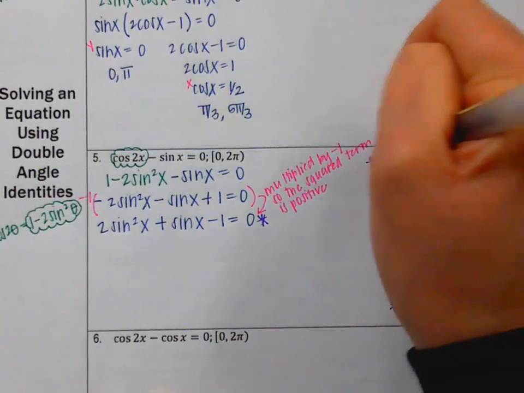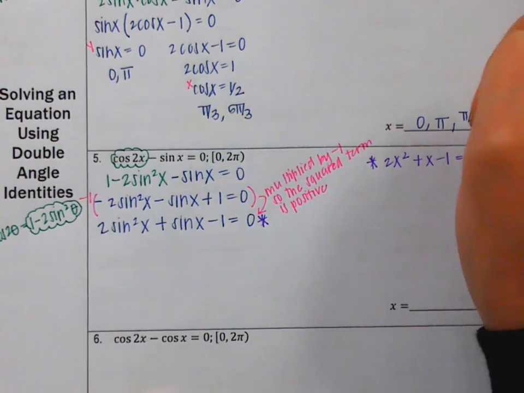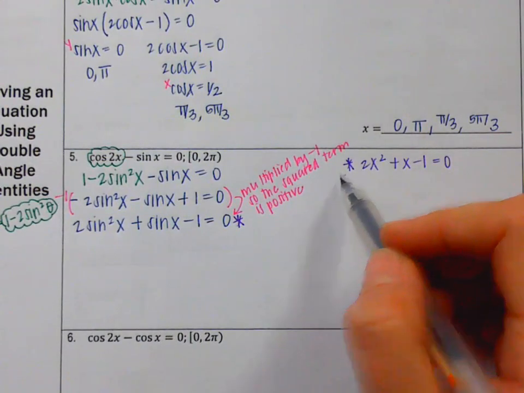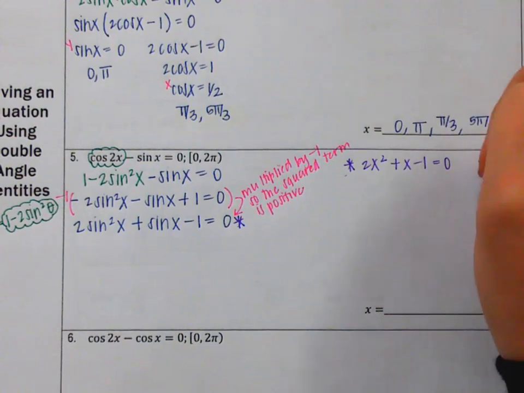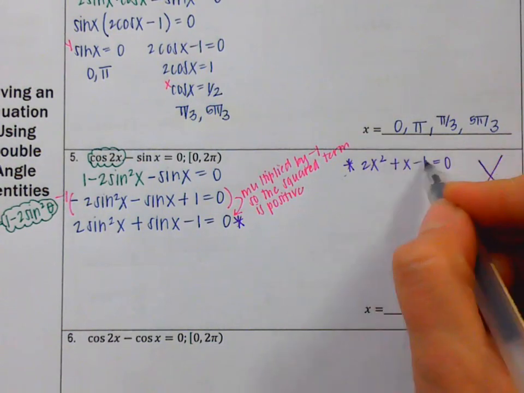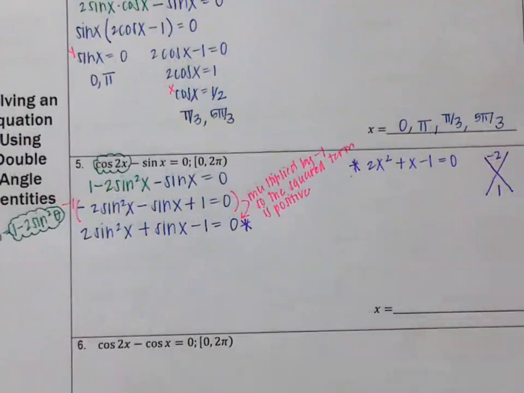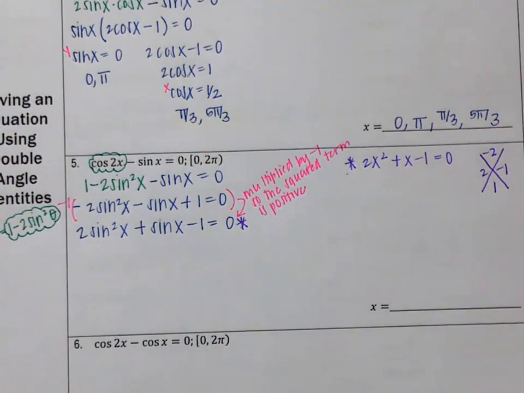So that would be 2x squared plus x minus 1. Now, because a is greater than 1, my a value here is 2, I do have to split the middle term. So I'm thinking what two numbers multiply together to get me negative 2 and add to get me 1. So those two numbers are going to be 2 and negative 1.